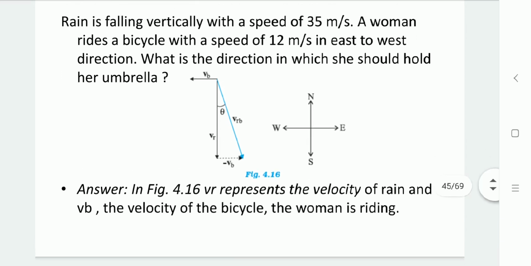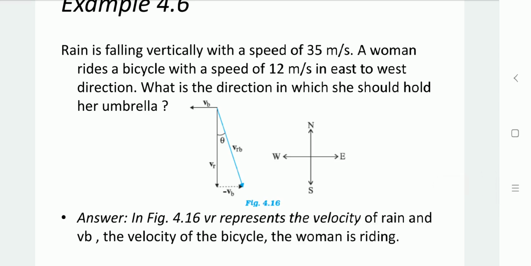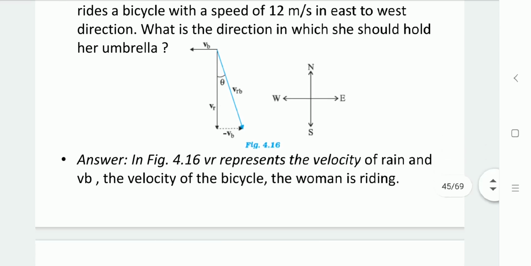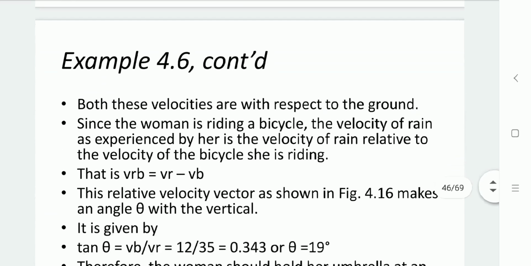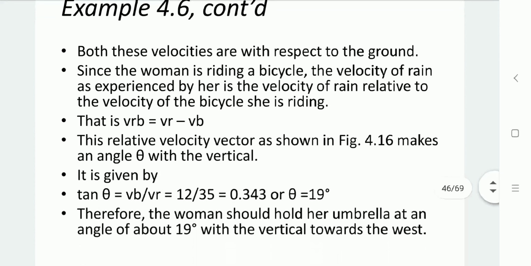Here VR represents the velocity of rain, and VB represents the velocity of the bicycle on which the woman is riding. Both these velocities are with respect to ground. So let us determine the relative velocity, that is the velocity of rain with respect to bicycle, VRB, equal to VR minus VB.